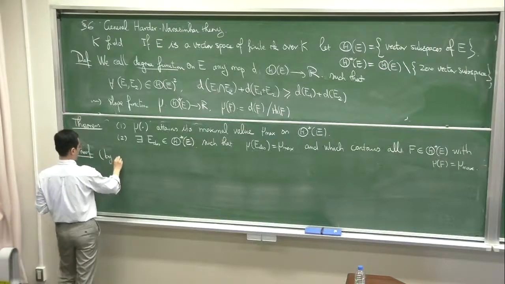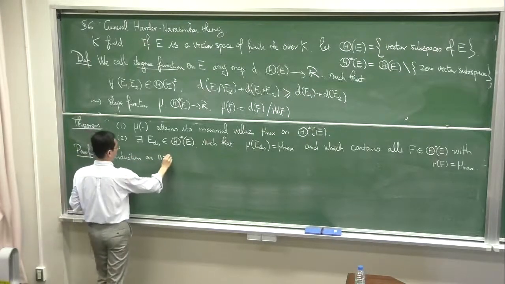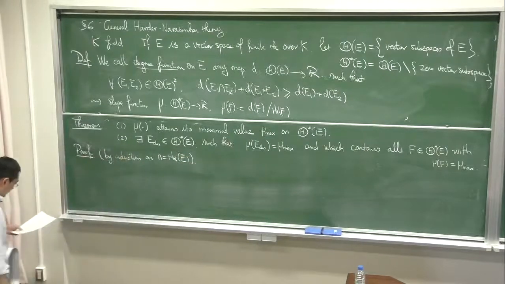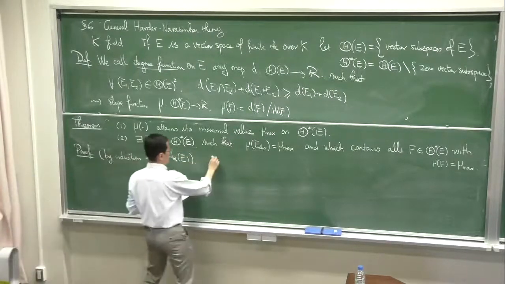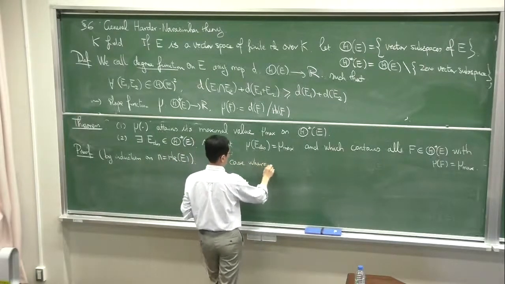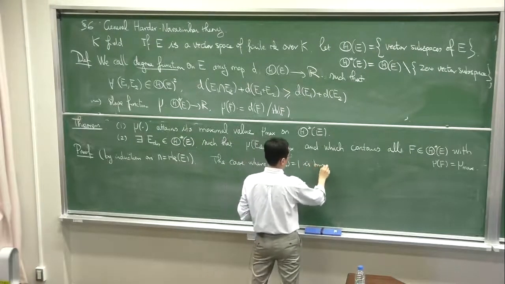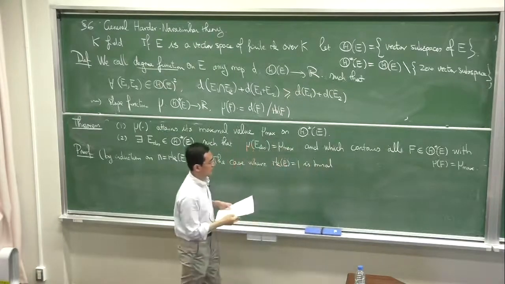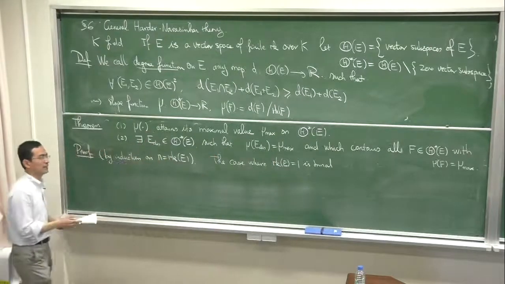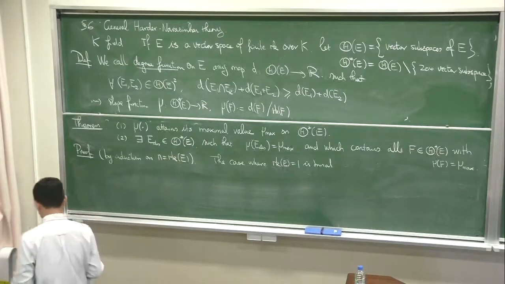So by induction on n equal to the rank of E. The case where rank is 1 is trivial, because in this case you have just 1 point in theta star of E. So you have a function on a one-point set. So it always attains a maximal value, and you have just 1.